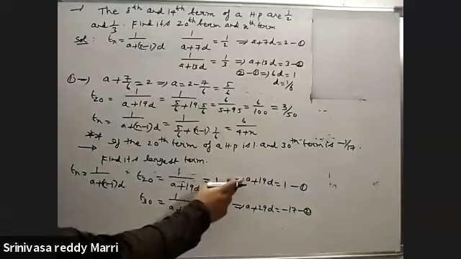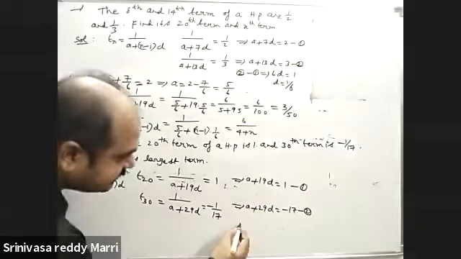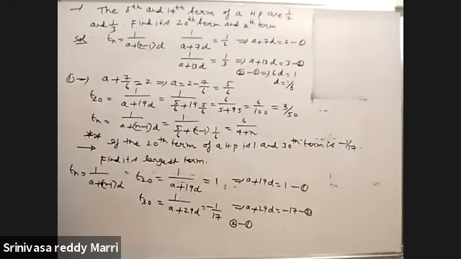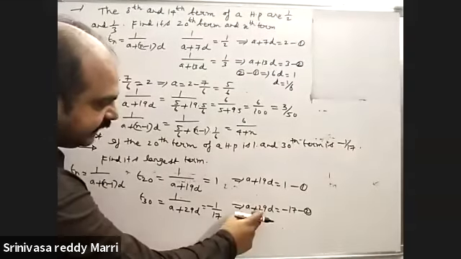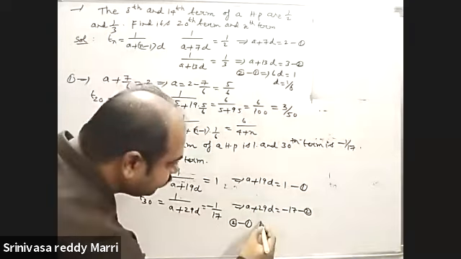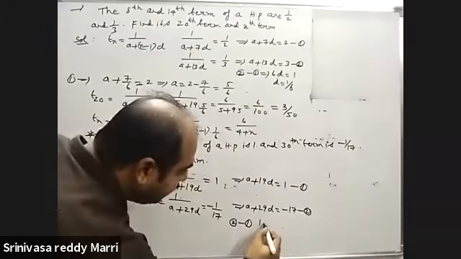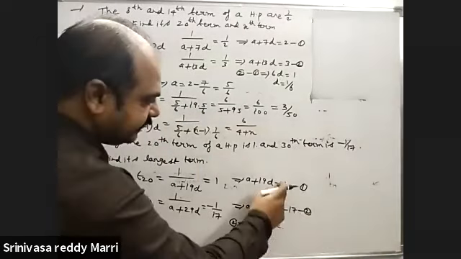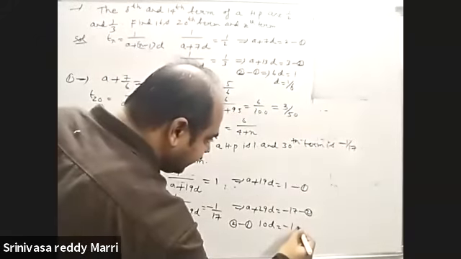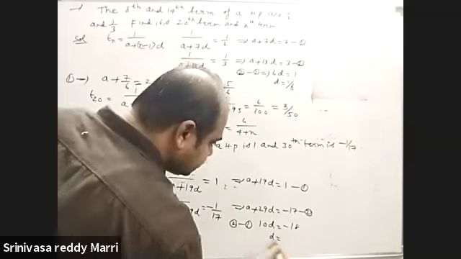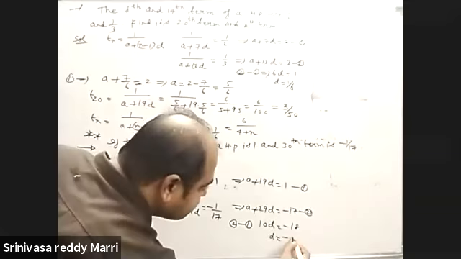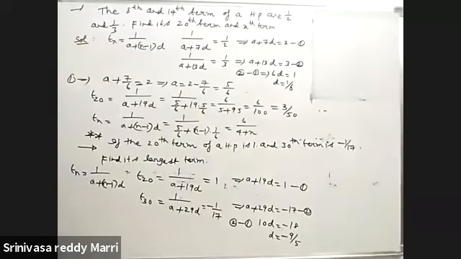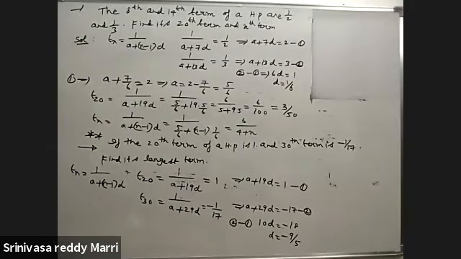From these two, you have to calculate d and a. So I am doing 2 minus 1: 29 minus 19, that means 10d equal to minus 17 minus 1, minus 18. So d is nothing but minus 9 divided by 5.